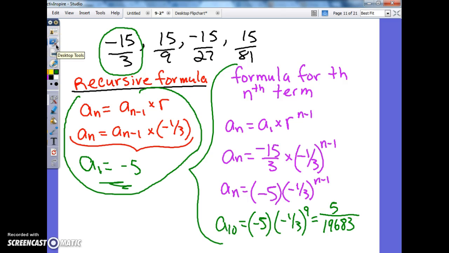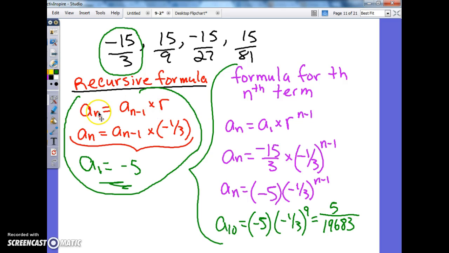If I have a recursive formula, the recursive is just how do I get the next term? I need to be given the first term, which we know is negative 5. And then the basic format is the nth term comes from the preceding term times r. With arithmetic, it was plus d.